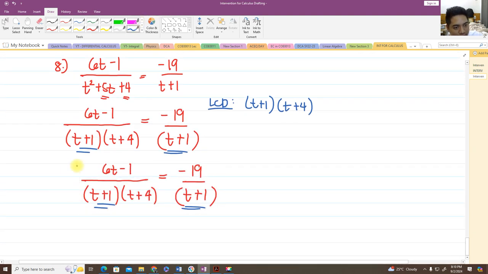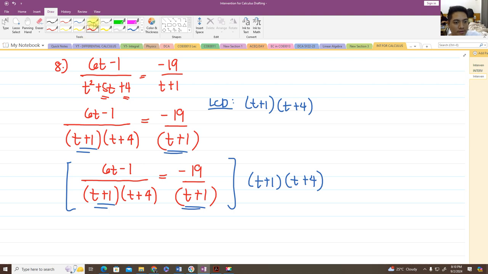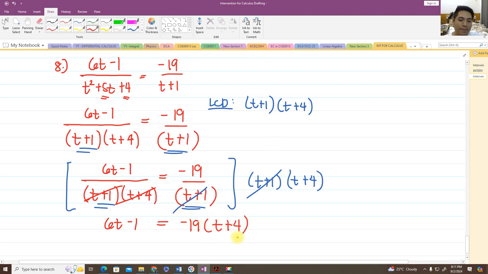So if we do that, we have t plus 1, we have t plus 4. The t plus 1 and t plus 4 will cancel here. So we have 6t minus 1 equals, the t plus 1 on the denominator of the right side will cancel here, leaving you with negative 19 and t plus 4.